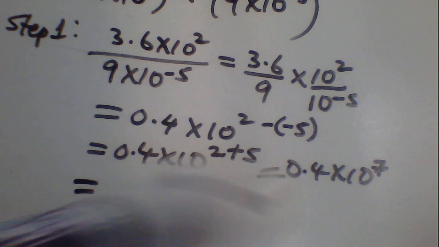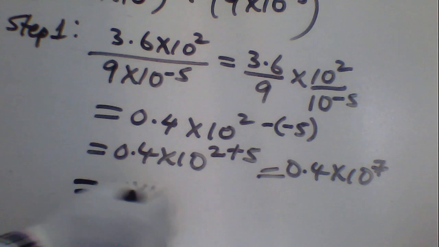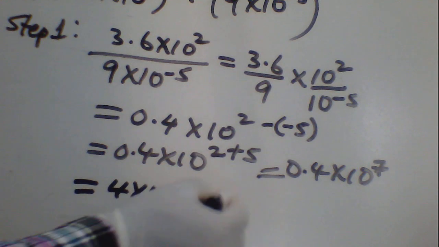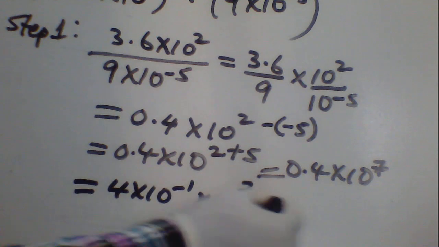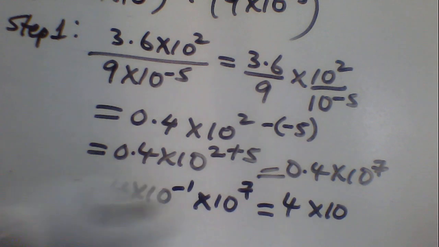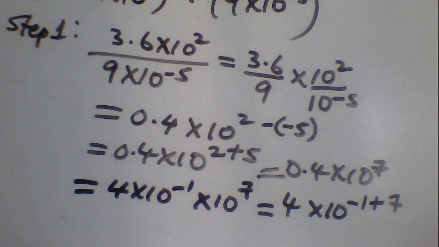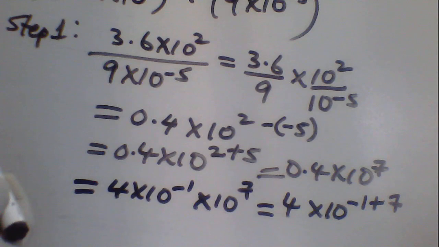This is the same as, you see, 0.4 is the same as 4 times 10 raised to power minus 1, multiplying 10 raised to power 7. So you still have to apply the index law. In this case, we have minus 1 plus 7, and we know that minus 1 plus 7 will give us plus 6.